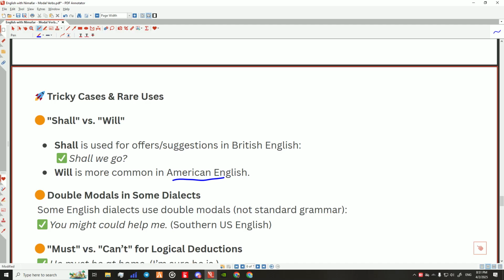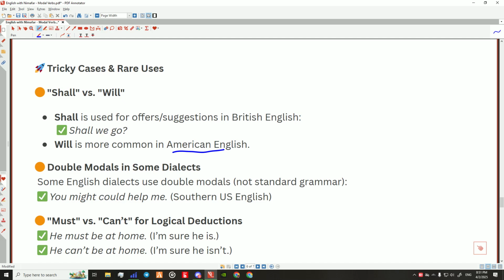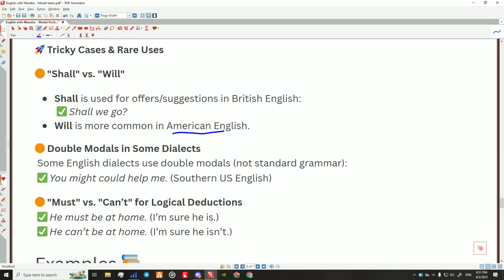So, double modals in some dialects. Some English dialects use double modals. It's not standard. "You might could help me," like in Southern US English. Again, we have two topics: spoken English, everyday English, English on the streets, and standard English, for academic purposes, university, work, professional settings.